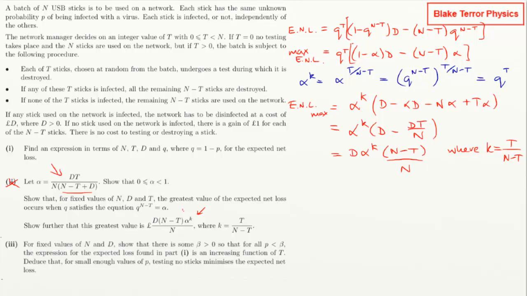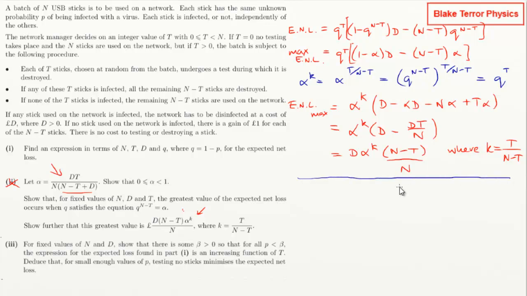So part 3 then, the last part: for fixed values of n and d, show that there is some beta greater than 0, so that for all p less than beta, the expression for the expected loss found in part 1 is an increasing function of t. Let's read that again.